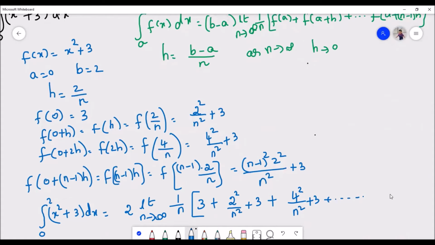At the end we got n minus 1 whole square into 2 square divided by n square plus 3.